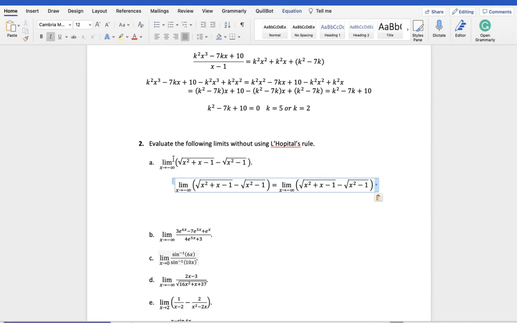you see that you have the limit of a polynomial under the square root sign minus another polynomial under the square root sign.